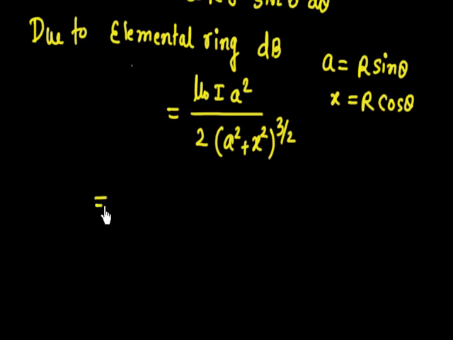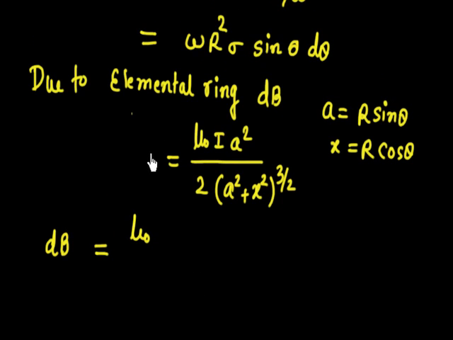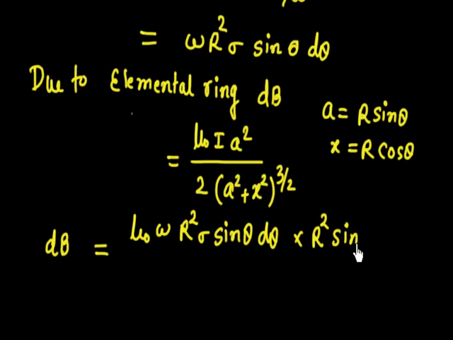Now I have to plug in all these values. So this is a small magnetic field dB. This is mu naught, and the value of I we have already calculated, that is omega r squared sigma sine theta d theta. This r is constant. And then a squared is r squared sine squared theta.